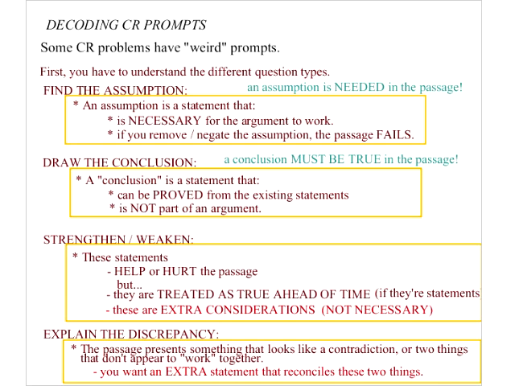So notice one big difference here: explain the discrepancy and strengthen and weaken. Evaluate the argument is not an issue, because if you're evaluating the argument, it's going to be really obvious that that's what you're doing. You're not going to have prompts that are hard to decode. Those answer choices look totally different. The answer choices are not statements anymore.